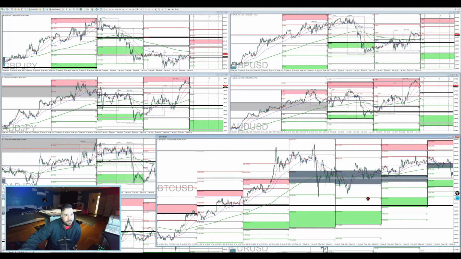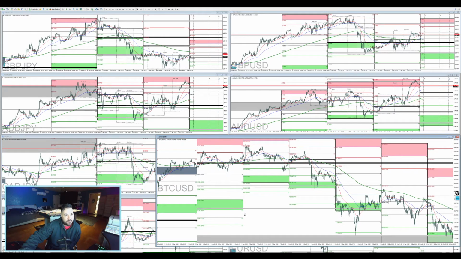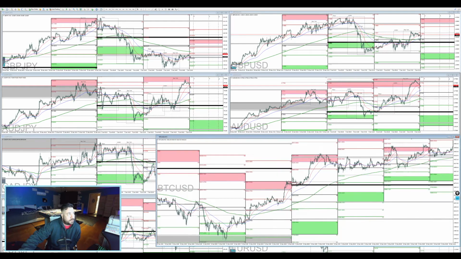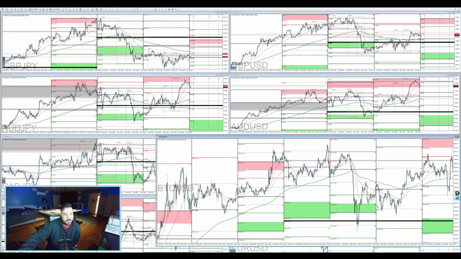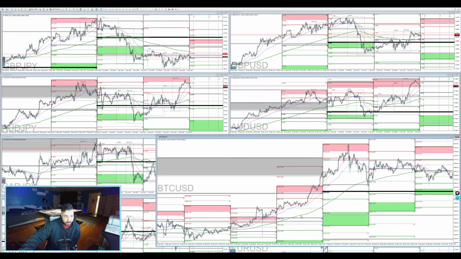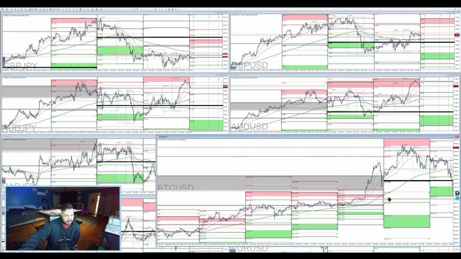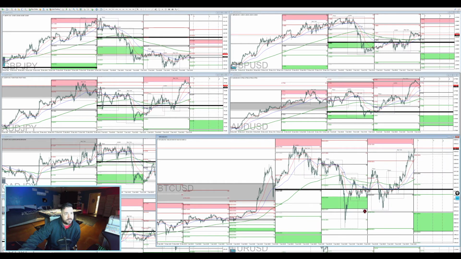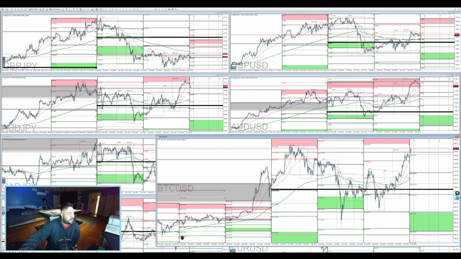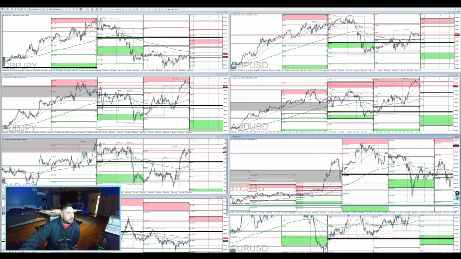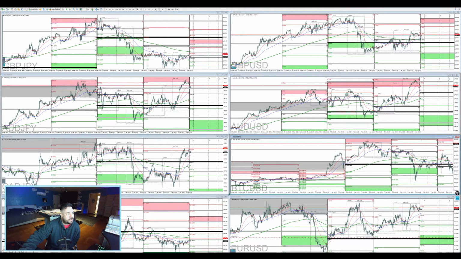So far it looks to me like it performs just as good. I would have to come up with the money management on it because I know it's highly volatile. I don't think this broker's open on the weekend, so I don't know how the data is coming in. Maybe it's coming in through the weekend while the platform's closed. I'll check it out this weekend and see. But this is where we're at right now with that. That's pretty cool.